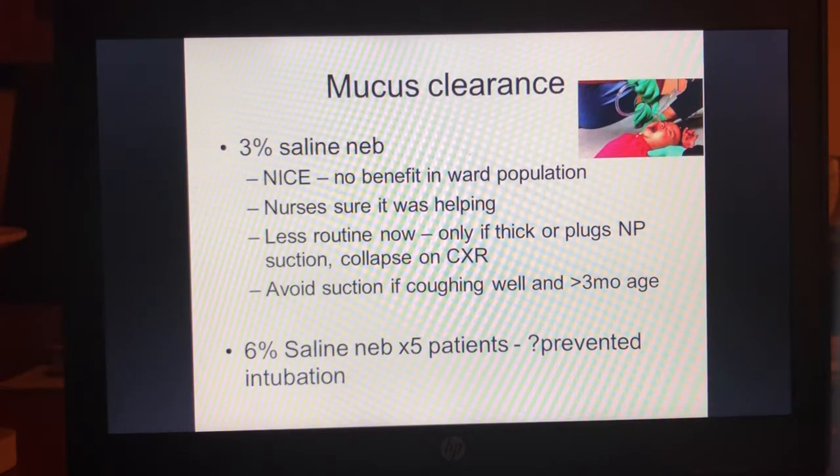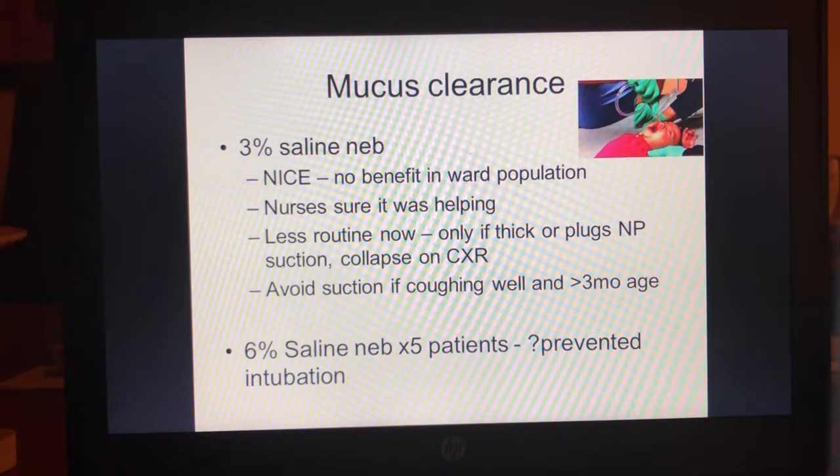A regular part of the treatment, certainly in intensive care units, is mucus clearance, because mucus plugging is a well-recognised part of bronchiolitis and the cause of acute respiratory failure.